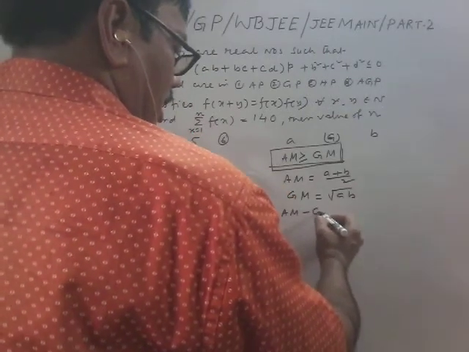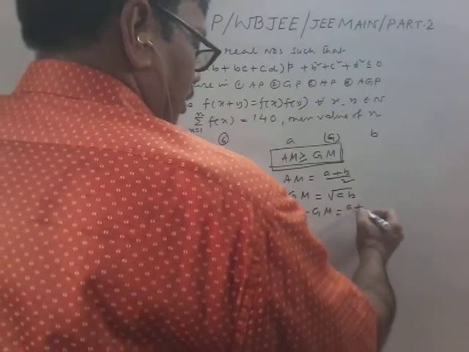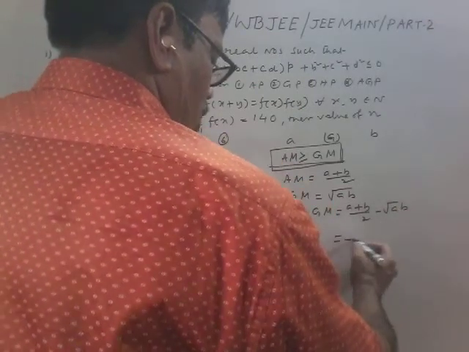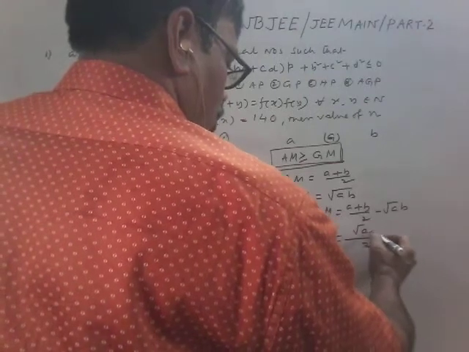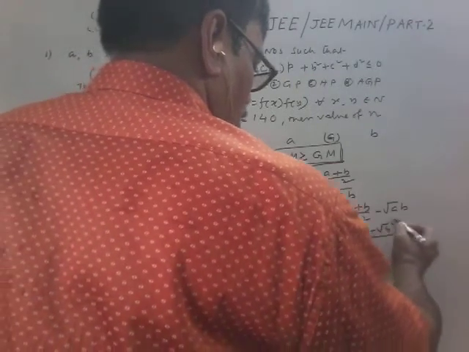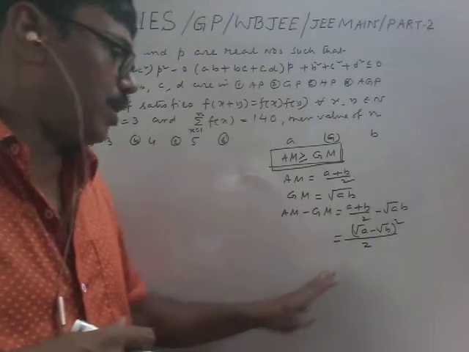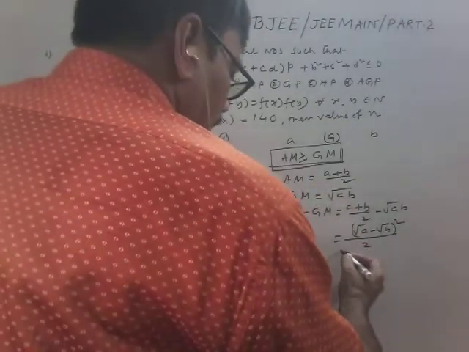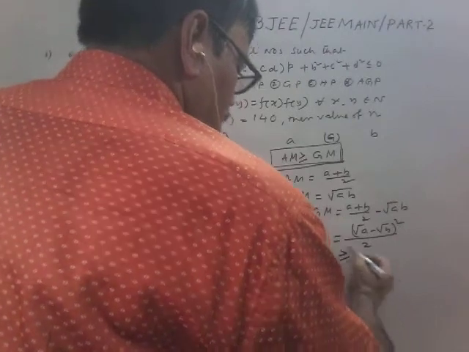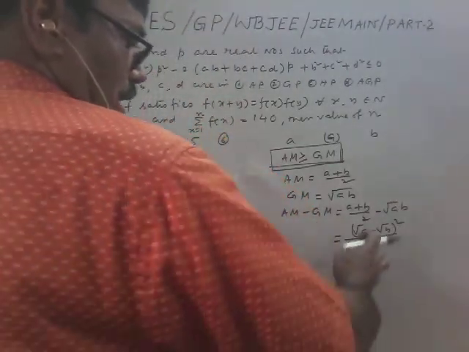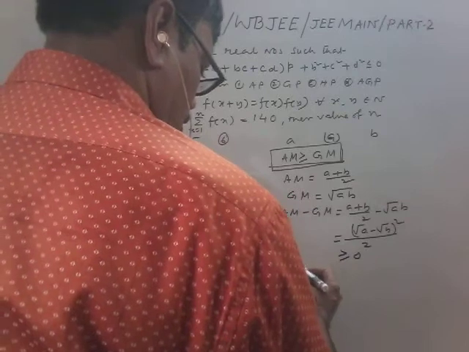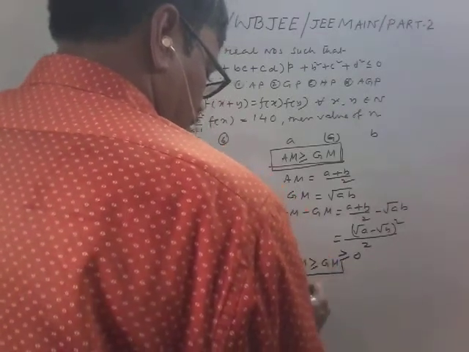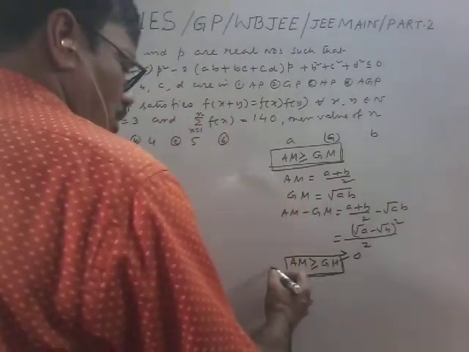So AM minus GM, if we calculate, taking 2 as LCM, root A minus root B whole square by 2. Now A and B are real, so the square of a real number is always non-negative. So this is greater than or equal to 0. If A equals B, this is 0. So AM is greater than or equal to GM. Most useful result.